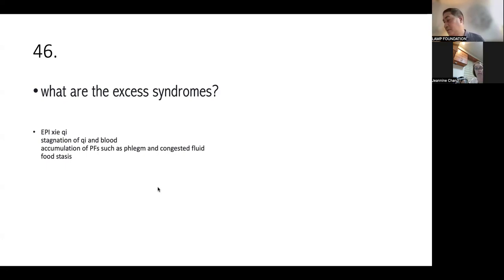Which pain is fixed? Blood. Very good. Accumulation of pathogenic factors like phlegm and congested fluid. And number 4 is food stagnation or food stasis. So remember all those 4.